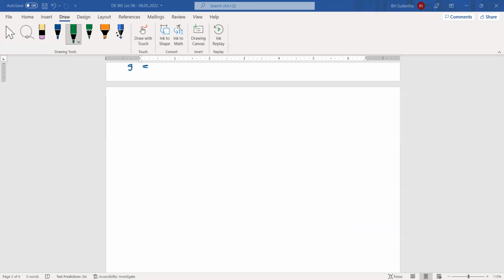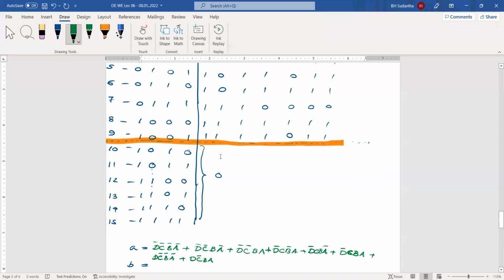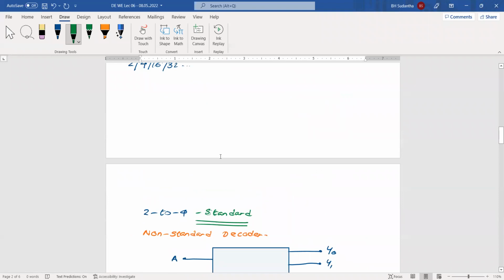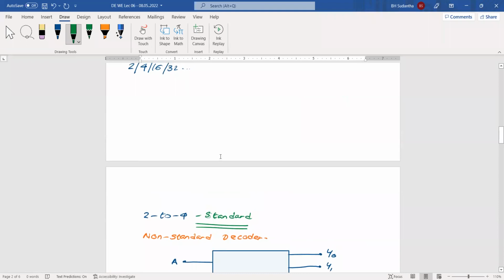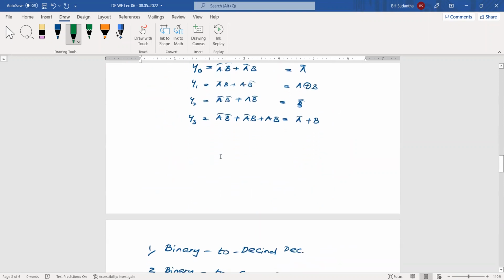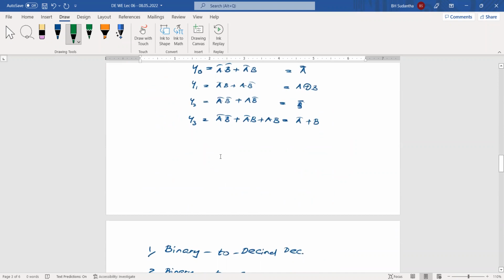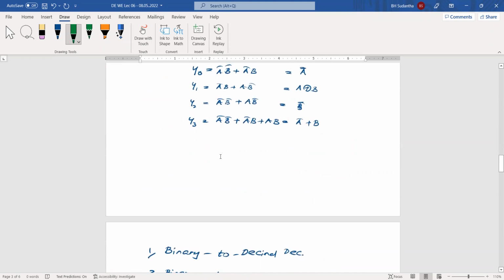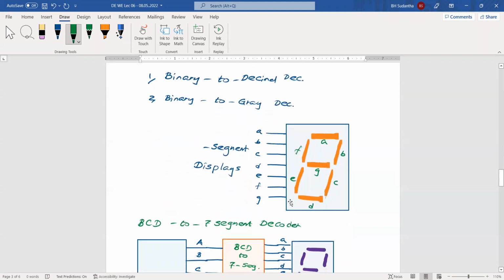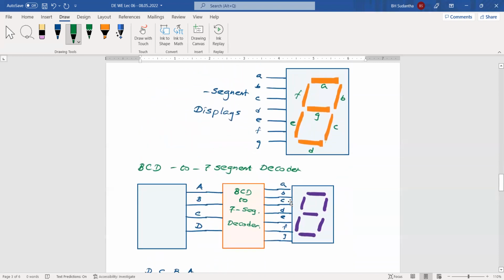Then from any of these things, do you have any question? These are special types of decoders, non-standard decoders, and this is another very useful non-standard decoder.